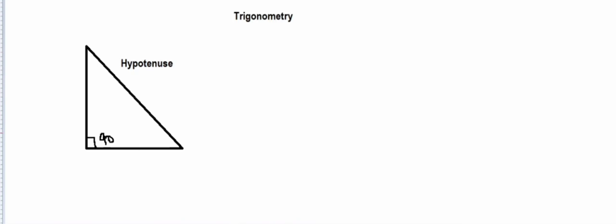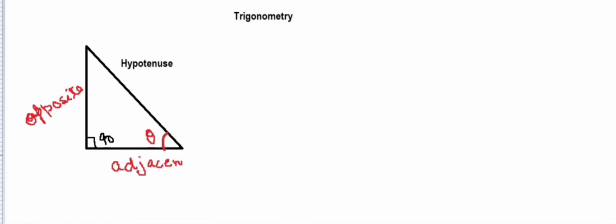Now I am taking an angle. If I am taking this angle as theta, then this side will be known as your opposite. Okay, and if I am taking this angle as theta, the side adjacent to that is known as your adjacent.